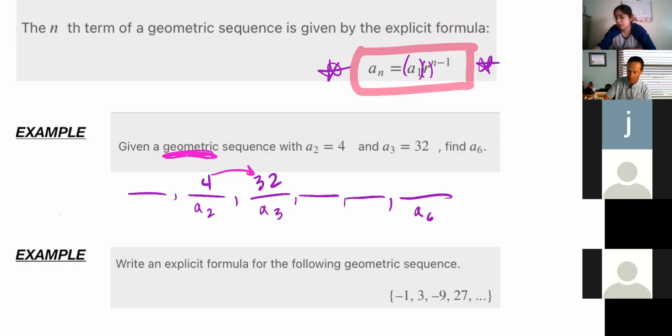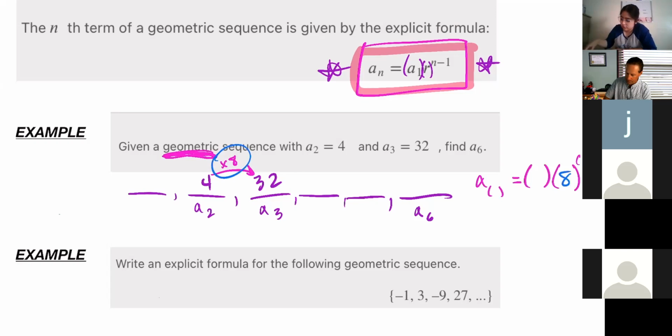And so what would we do to get from 4 to 32? Multiply by 8. Which means if I know this formula, A sub n equals A1 times R to the n minus 1, we just found the R to be what? 8.